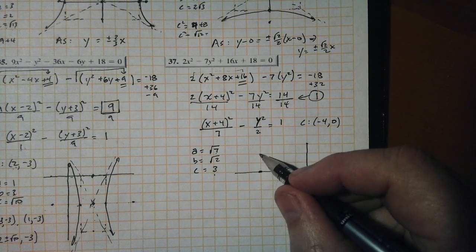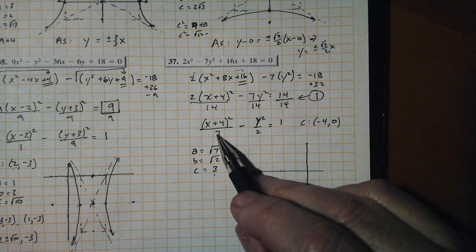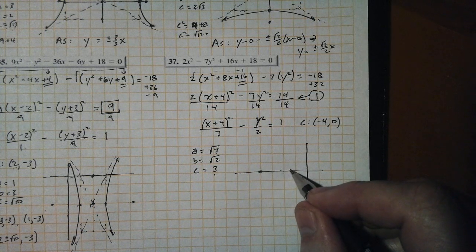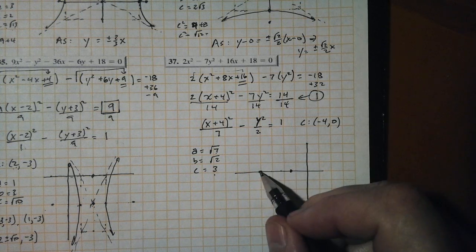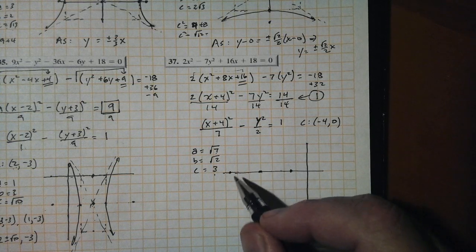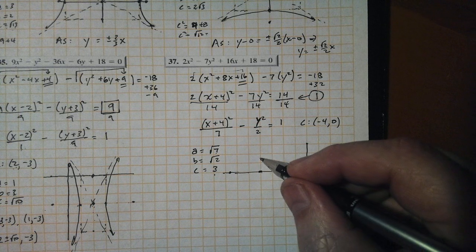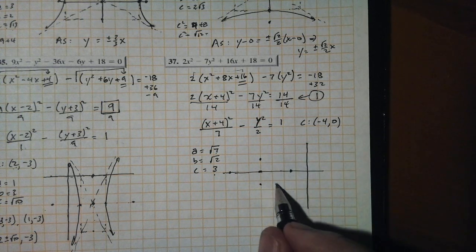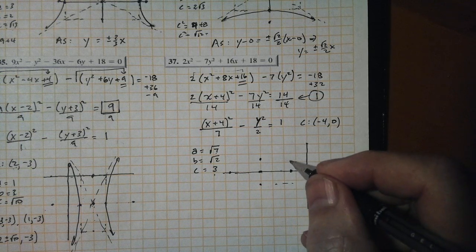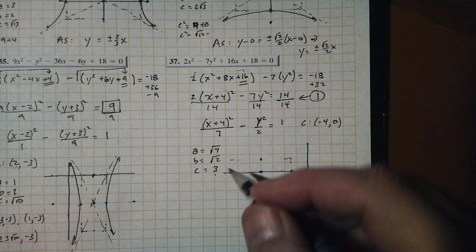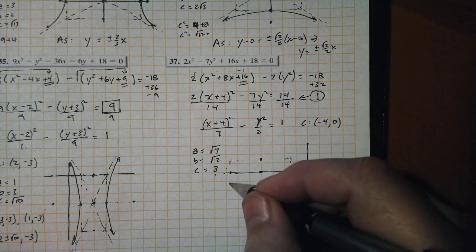So up 1, whoop, hang on, that's underneath the x, right and left. 1, 2, somewhere between 2 and 3 is fine. Up square root of 2, about 1.4. Down square root of 2. Let's get those corners built. Build the whole box if you like.